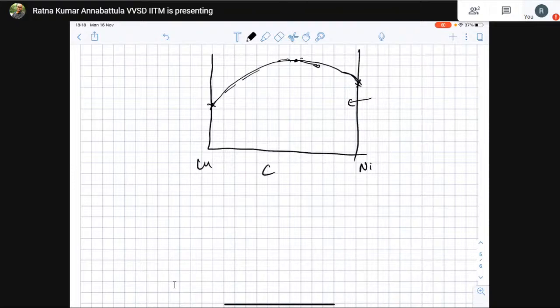When you have nickel as an impurity in copper, you have pure copper, and to that pure copper you are adding impurities of nickel, right? So this nickel impurity will act like a barrier for dislocation motion, and that is the reason why you will see an increase in tensile strength.